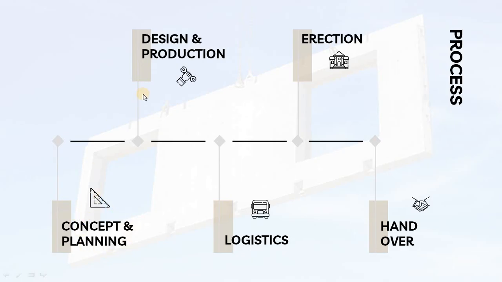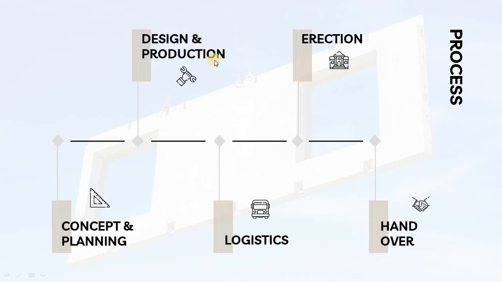Then the second step is design, where each and every element will be designed and split into a number of elements depending upon the element type and site conditions, where we have to use the crane for the erection as well as the transportation, which plays an important role in deciding the element sizes.